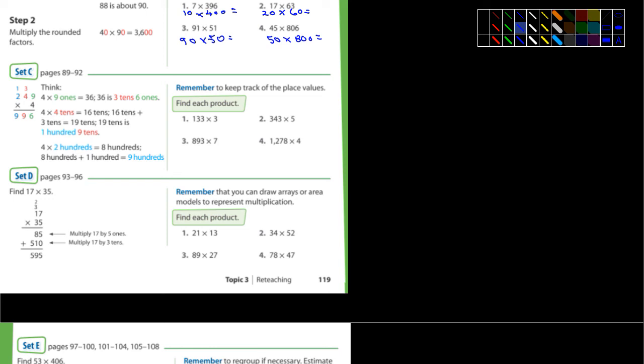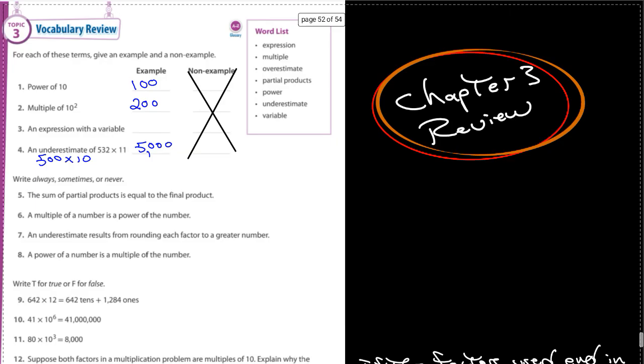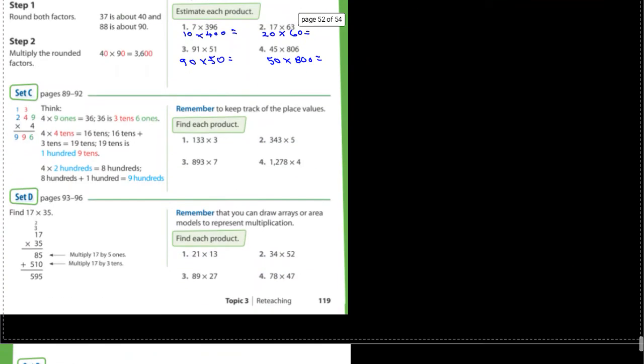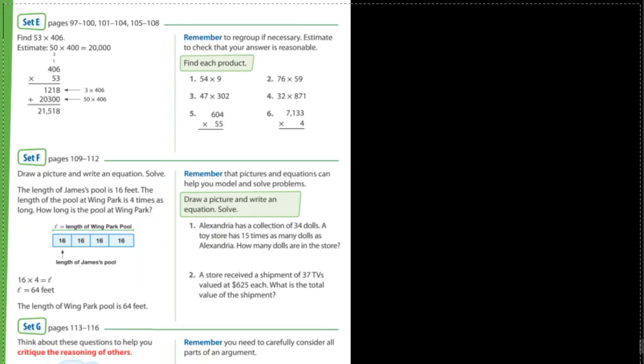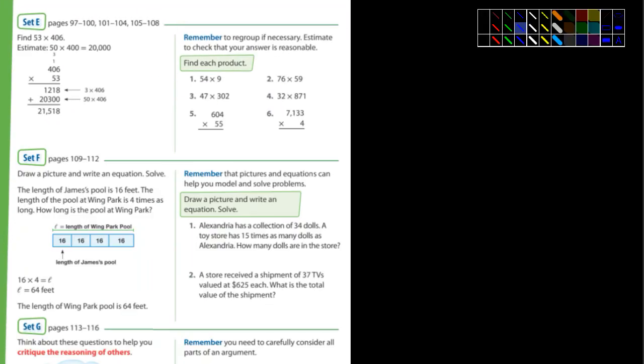Find each product. Same thing. You guys can do those also. All right, set E. Regroup if necessary. Find each product. Yep. More multiplication. Set F. Draw a picture and write an equation.